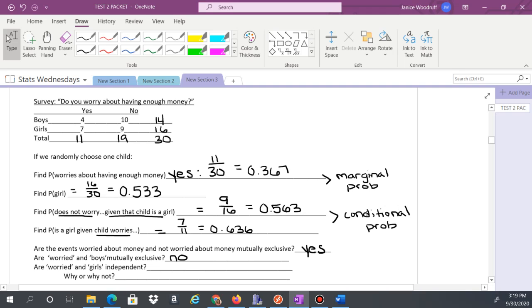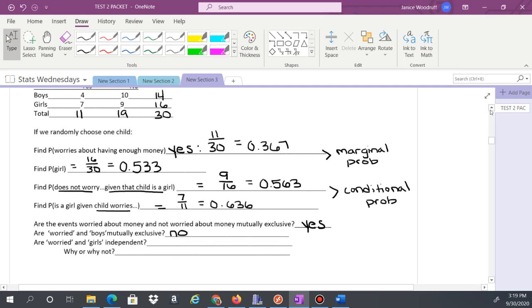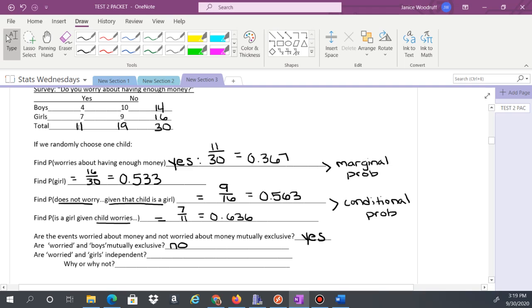Okay, independent are events that do not affect each other. So does being worried and being a girl, do those affect each other? Okay, well, if we look at the example here, the probability that you're worried would be 11 out of 30.